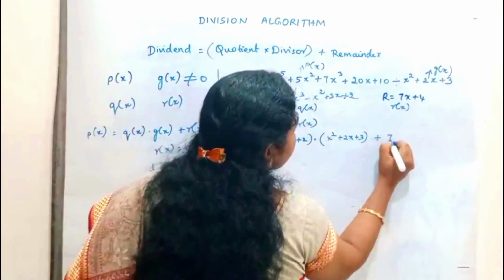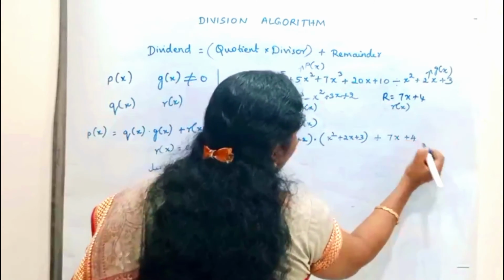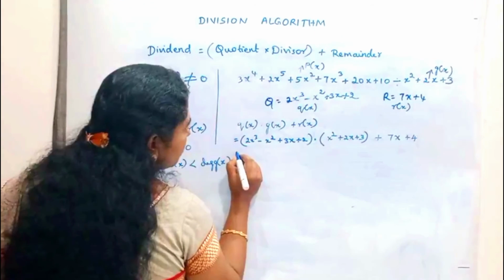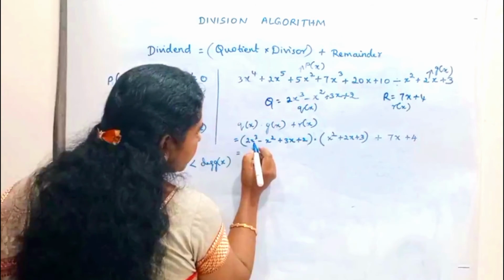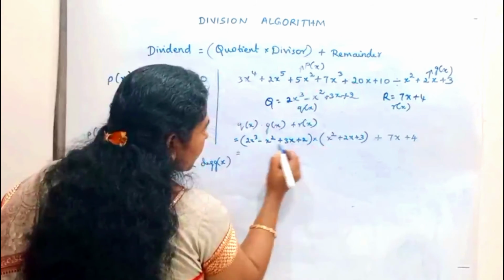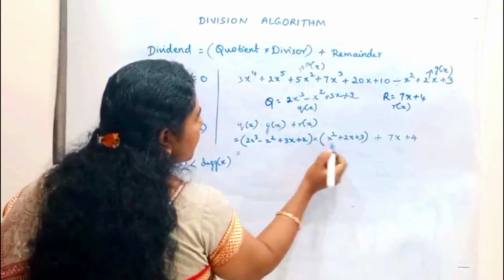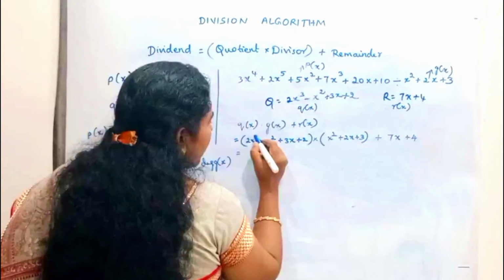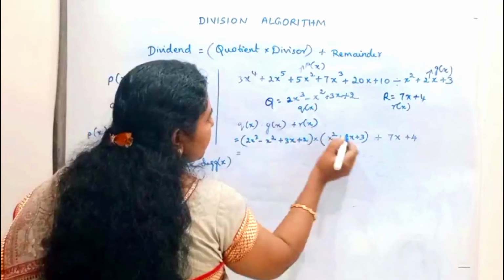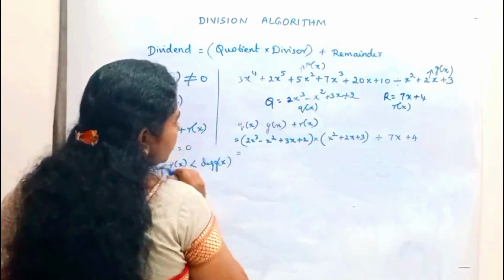R of x is 7x plus 4. Now we have to simplify this. Here we are having 4 terms, and here there are 3 terms. So we have to multiply each and every term with all the terms within the bracket.